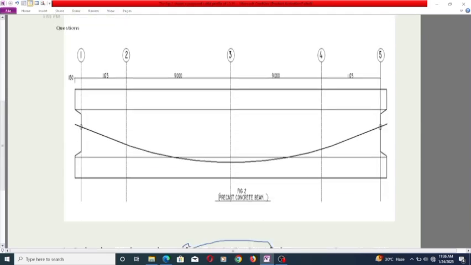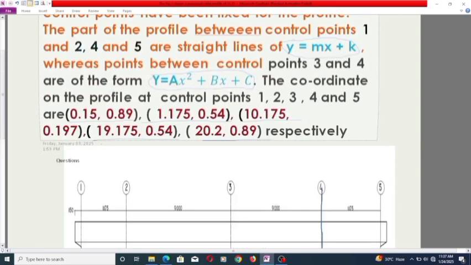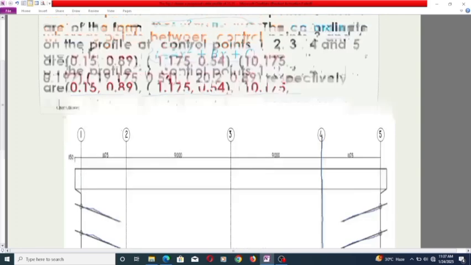The figure in question is this. We have the straight portion, which is this particular portion down to 1. From the right hand side, we have the straight portion terminating at 4. So we want to obtain the constants for the parabolic curve as well as that of the straight line.